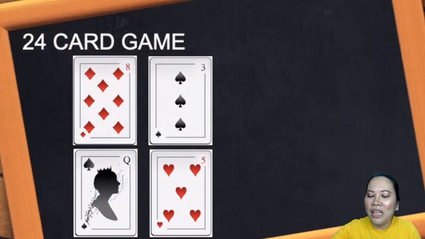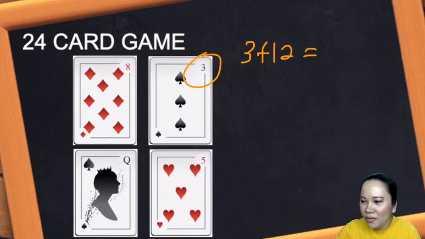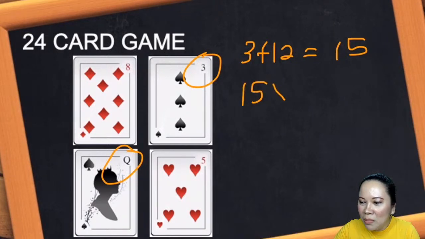Okay, Bowen, let me check your answer. 3 plus 12 is 15. Okay, 3 plus 12 is 15. Oh, this is a lot of numbers. 15 times 8.